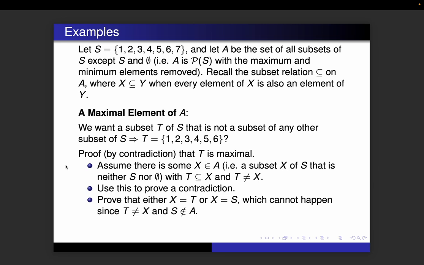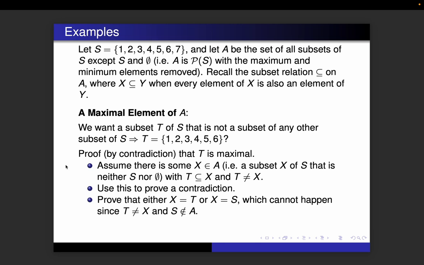And the key to this proof, and if you want more details, you should look in the reading, is to show that either X is equal to T or X is equal to S. It's not as hard as it looks because remember, T and S are only one element away from each other. T has every element except for 7. S has all the elements including 7. And if you have more elements than the subset that doesn't include 7, that means 7 has to be included.